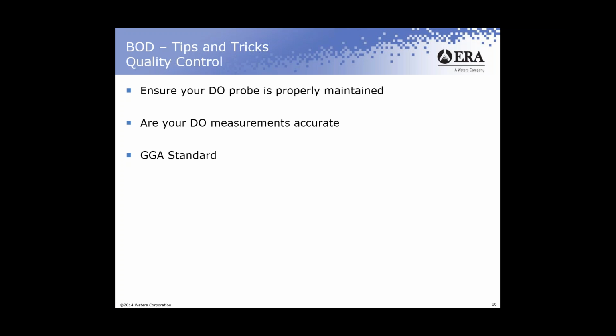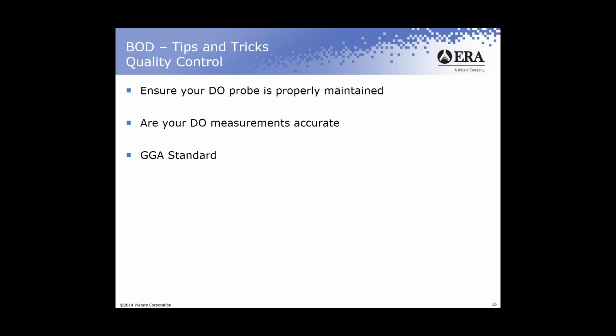Again, make sure that those DO measurements are accurate. How do I know that they're accurate? Okay. Again, dissolved oxygen quality control samples. They're a wonderful thing, they come with a certificate of analysis, let you know how much DO is supposed to be in that sample, and give you a check to make sure that your probe is accurate.